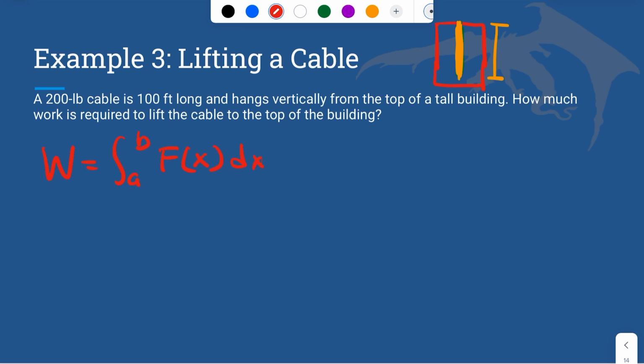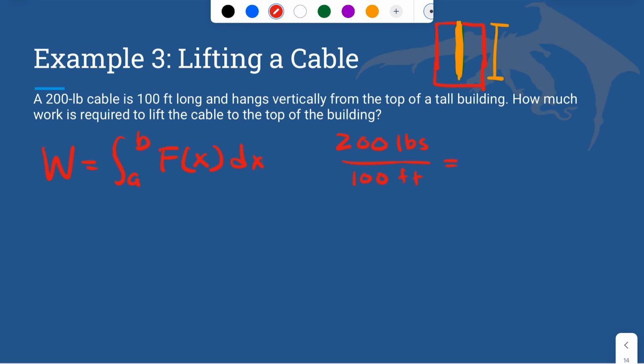So we have our work formula. So we need to figure out what our force is, all right? Well, I have a 200-pound cable, and it's 100 feet long.